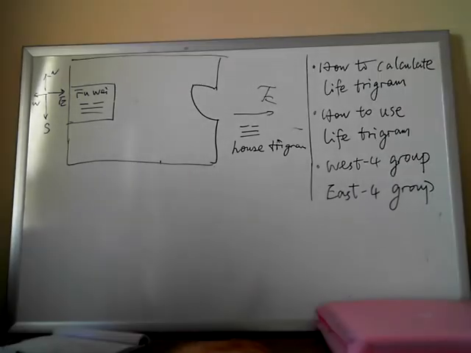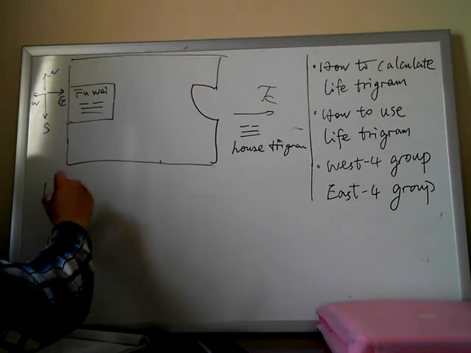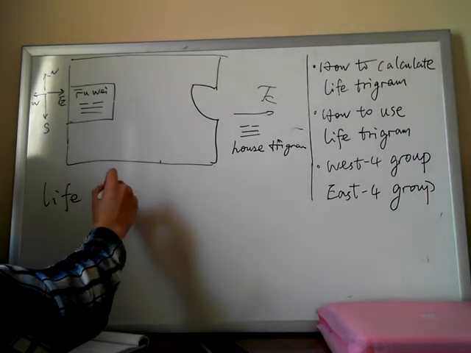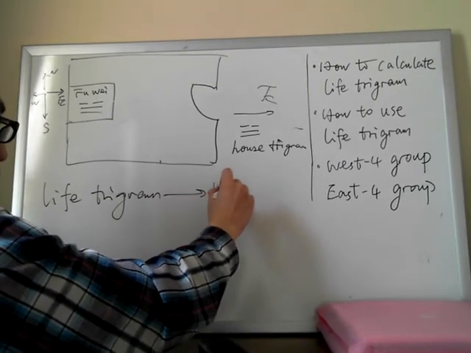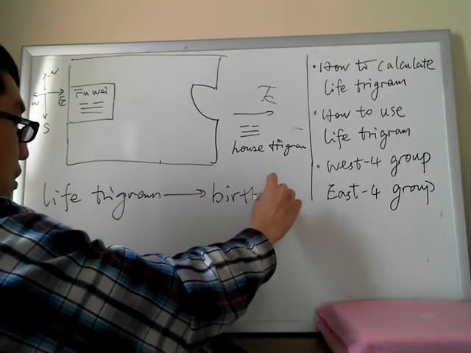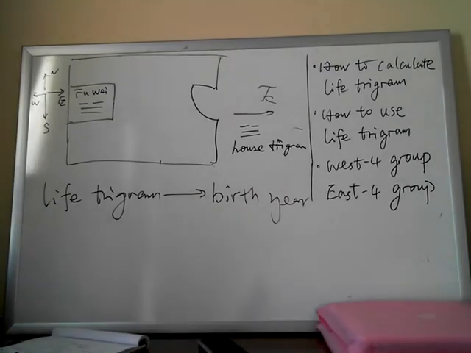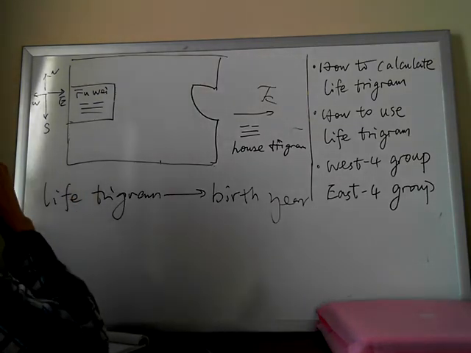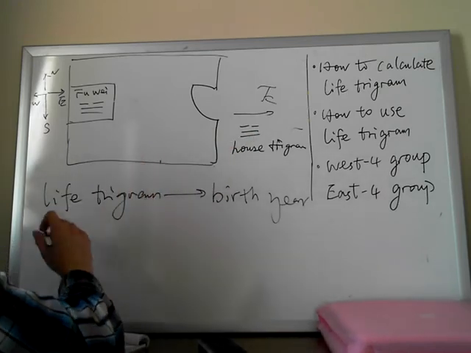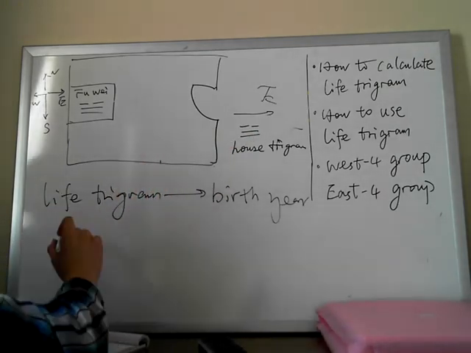Remember that life trigram only depends on the birth year of the person. Then based on the life trigram, we determine the direction the person is facing, the orientation of the person. Let's say it's not the orientation of the person according to the theory I just mentioned, it's an arbitrary direction.